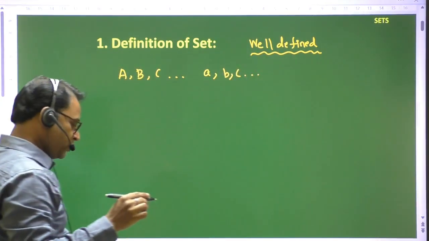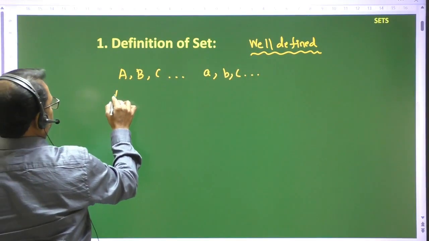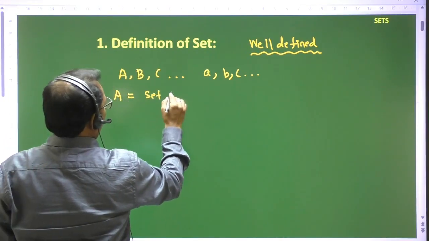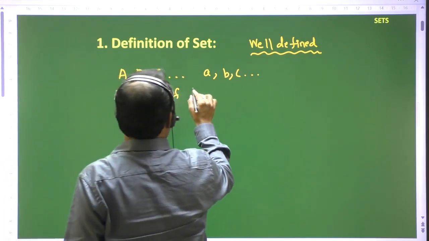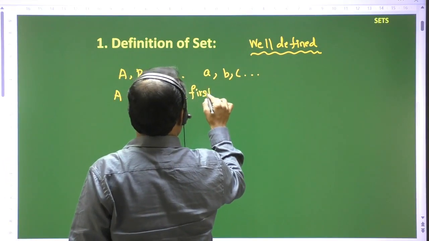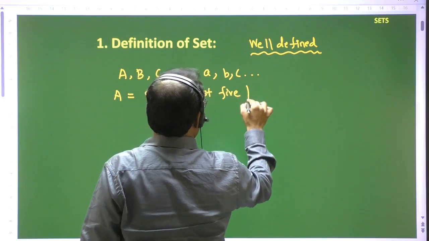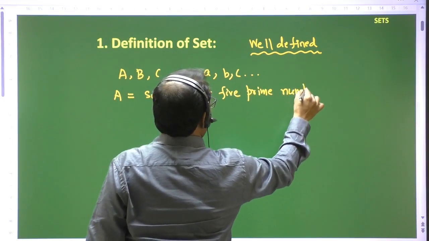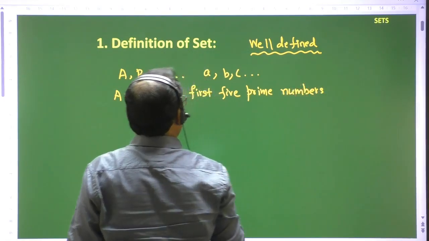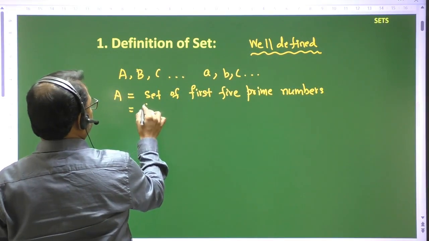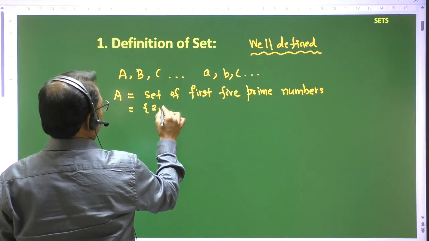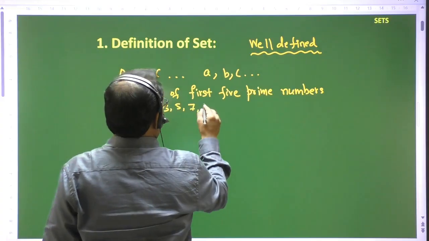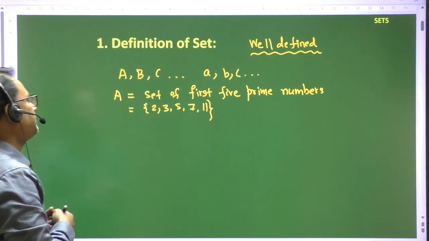Now if I say A is a set of first 5 prime numbers, then in this collection we have 2, 3, 5, 7, 11.